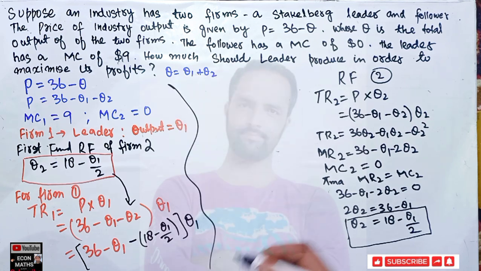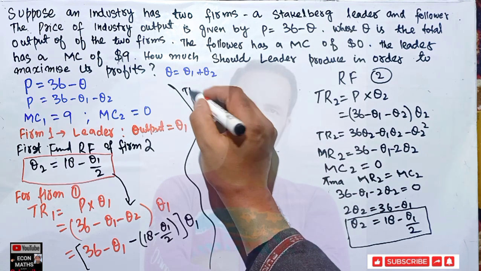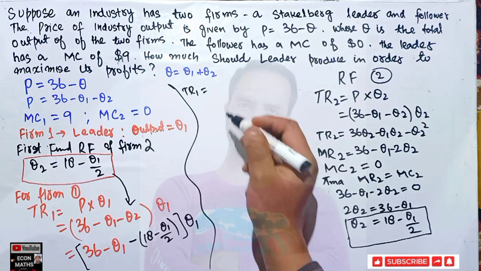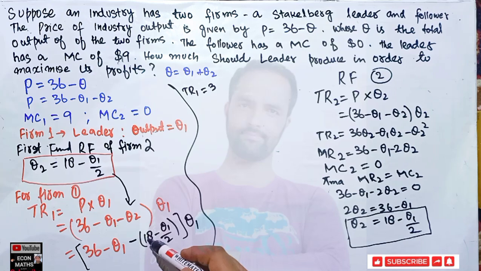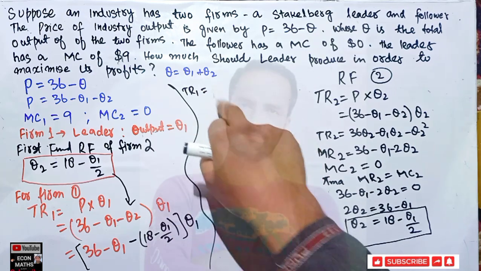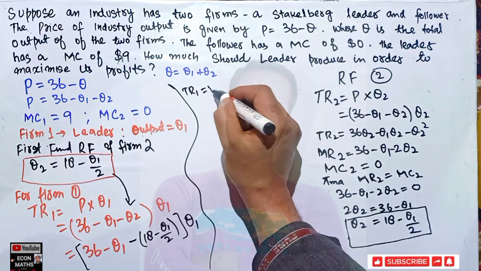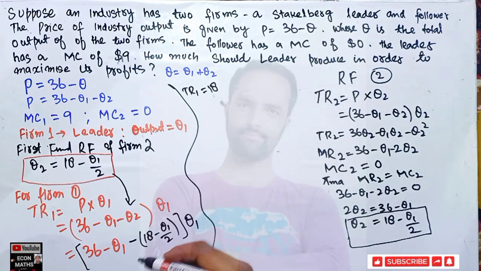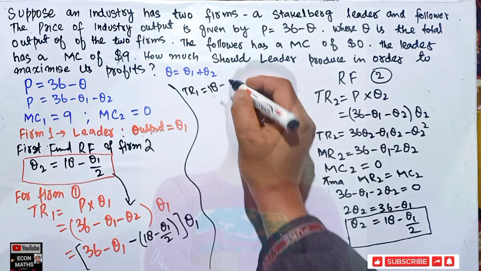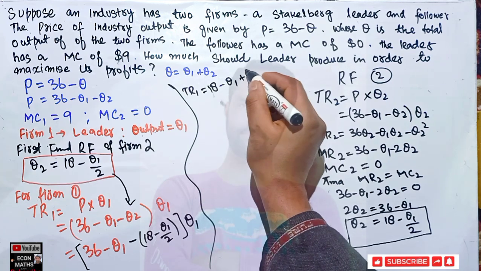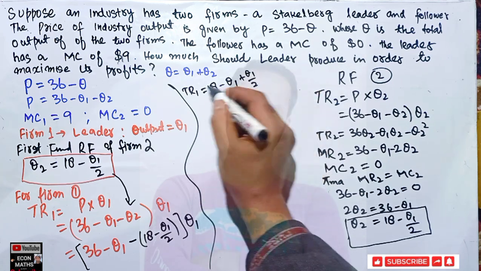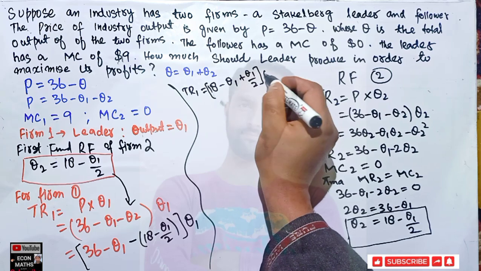Let me solve this first. 36 minus 18 comes out to be 18, so I will write it here to save space. We have 18 minus Q1, and minus into minus is plus, plus Q1 upon 2. To this we have to multiply Q1.